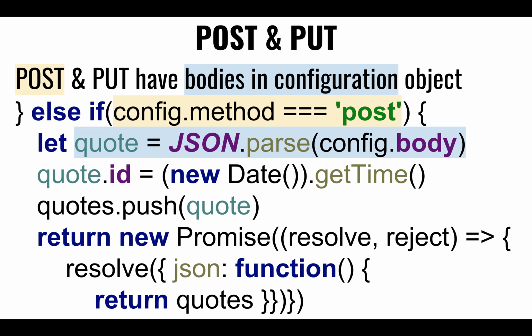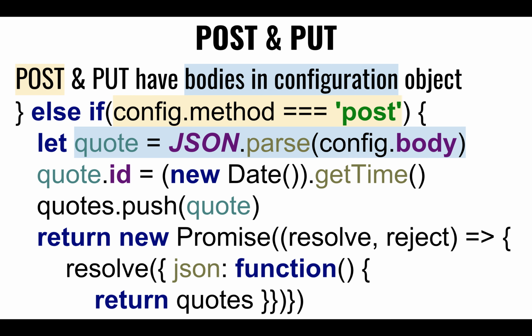Remember, the config not only has the methods, whether it's post, put, delete, it also has a couple of headers. And another thing that you send over is the body of the JSON object that you're creating. We have an attribute called body, and there it is. It's in the config, so config.body.